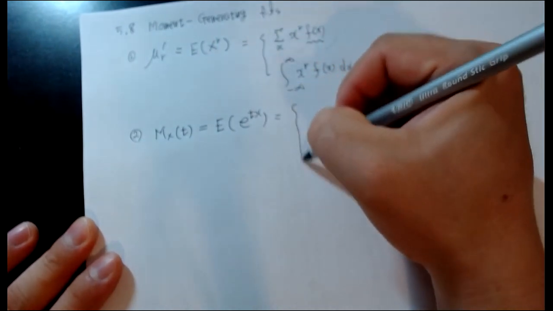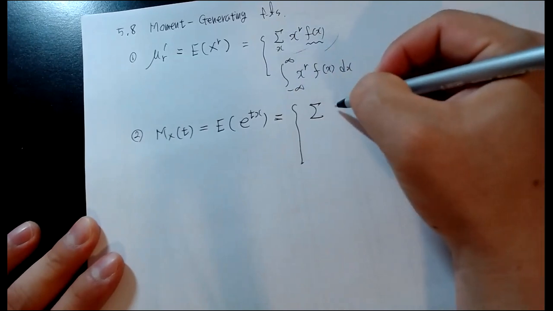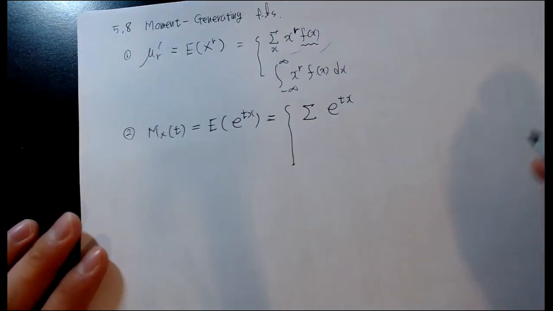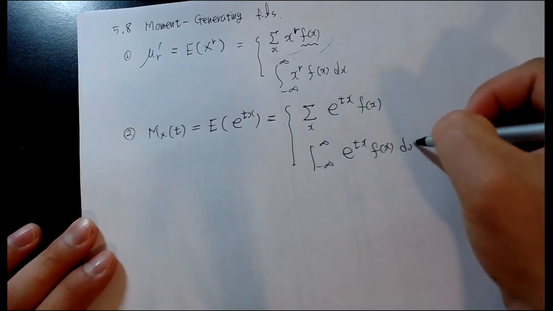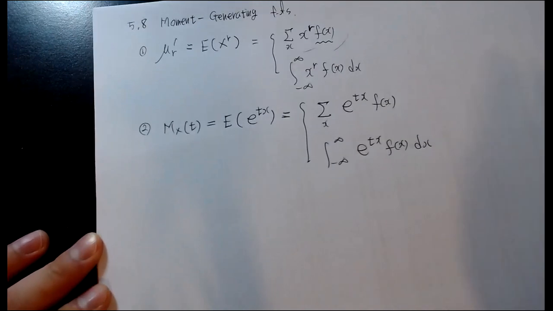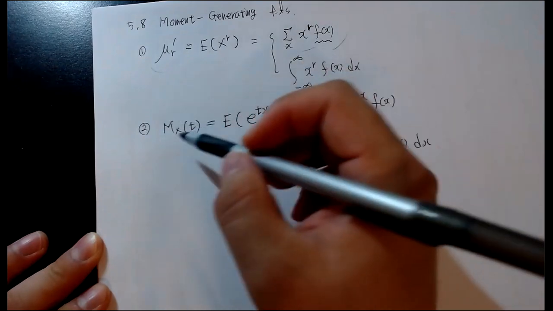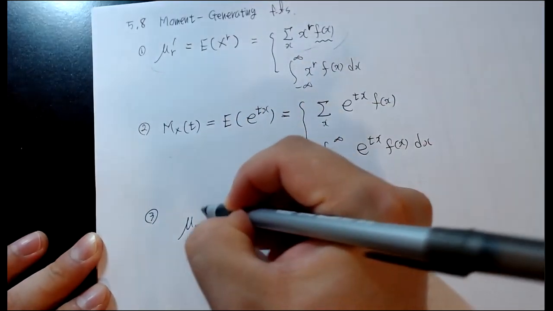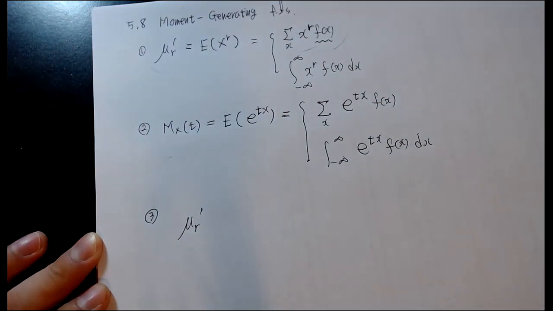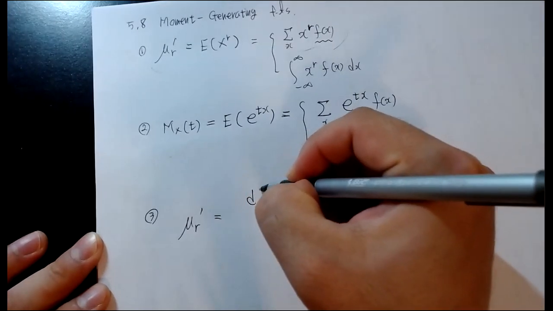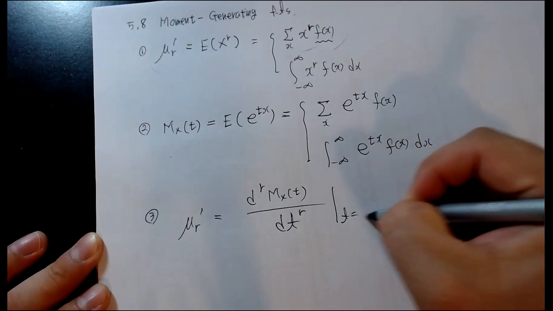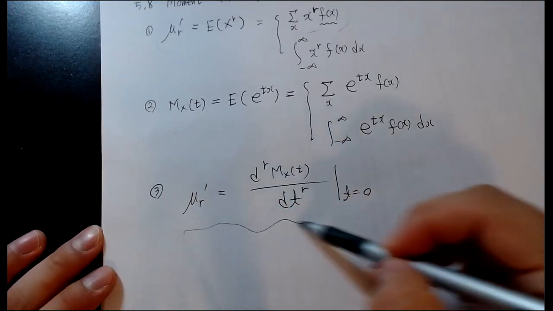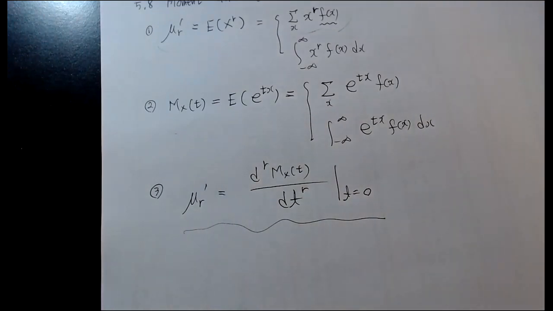Its definition is the sum of e to the tx times f of x in the discrete case, and the integral from negative infinity to infinity of e to the tx times f of x dx in the continuous case. And we learned the relationship between the rth moment about the origin and the moment generating function: mu r prime is the rth derivative of the moment generating function M_X(t) with respect to t, evaluated at t equals 0.